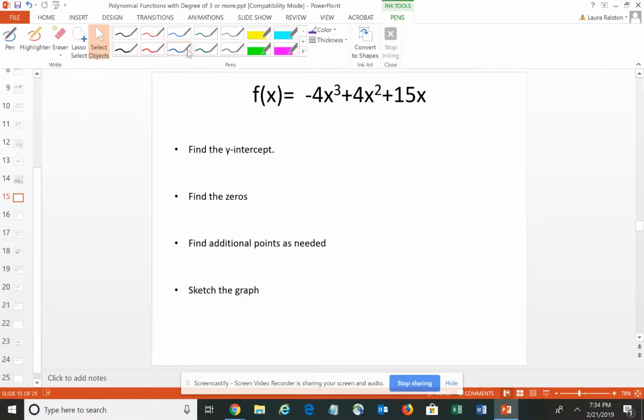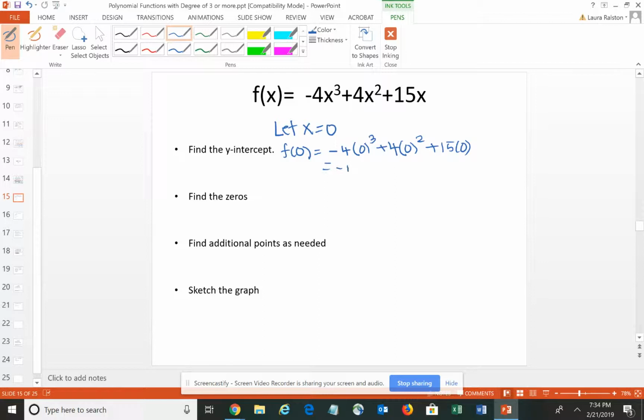And the next question asks me to find the y-intercept. To find the y-intercept for any function, we let x equal 0 and solve. So I would have f at 0 equals negative 4 times 0 cubed plus 4 times 0 squared plus 15 times 0.